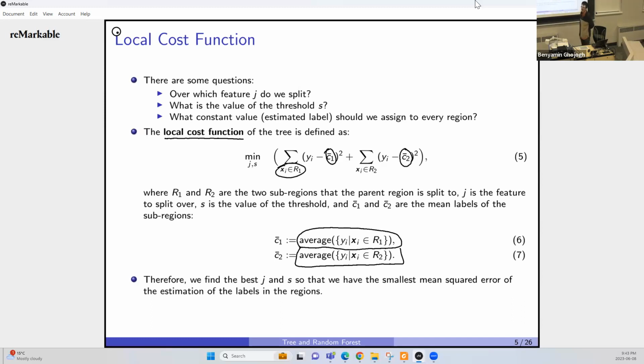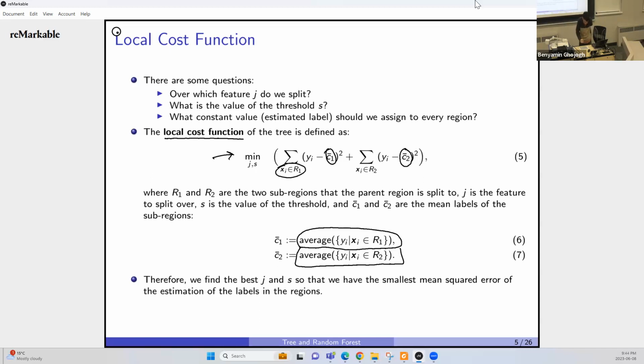Then it says that for this equation, this optimization, by the way, J and S are discrete optimization. This is not continuous. J is an integer from 1 to D, and S is some float threshold, right? Find a combination of J and S which minimizes this cost function. And what does it do?